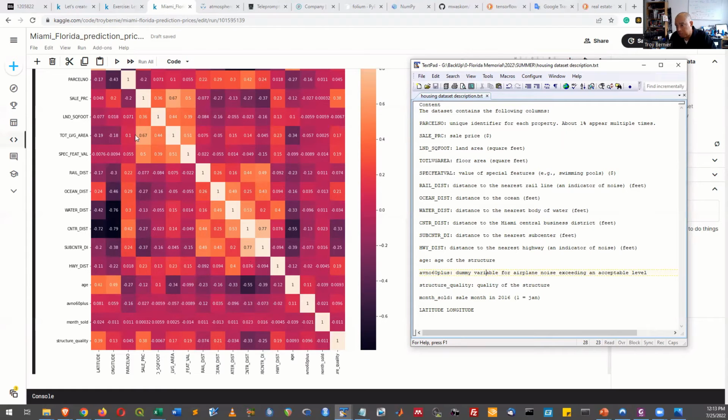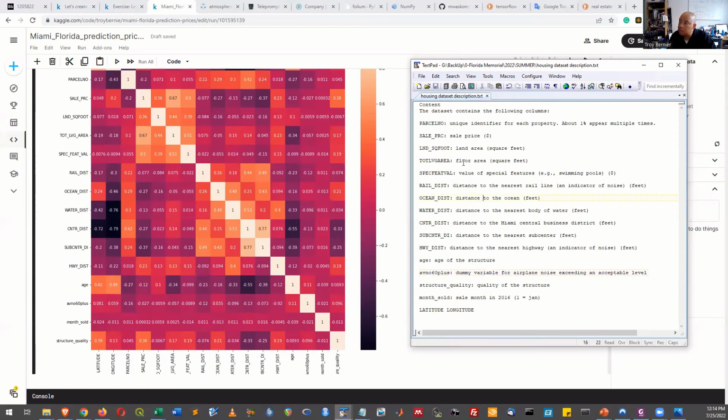So if you look at this component right here, there's some degree of correlation between these variables and these variables. Okay, there's some degree of correlation. They're negatively correlated between this and age.